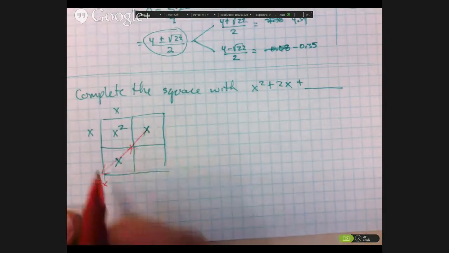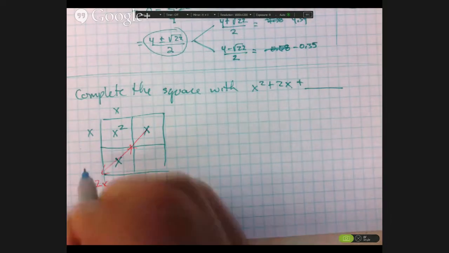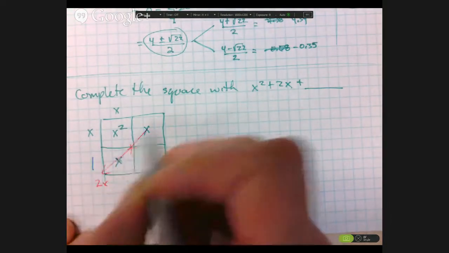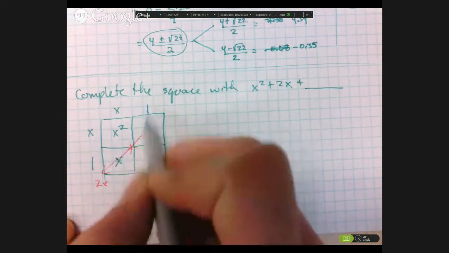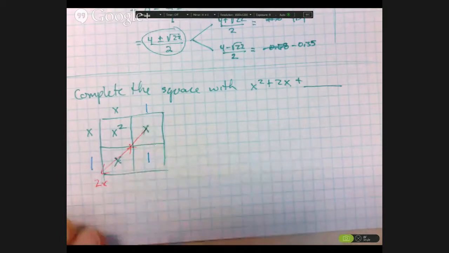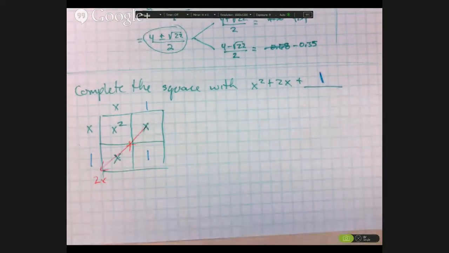Okay, what does that mean is right here? Okay, a 1, because 1 times x is x. And here, a 1. 1 times x is x. 1 times 1 is 1. There's our completed square.